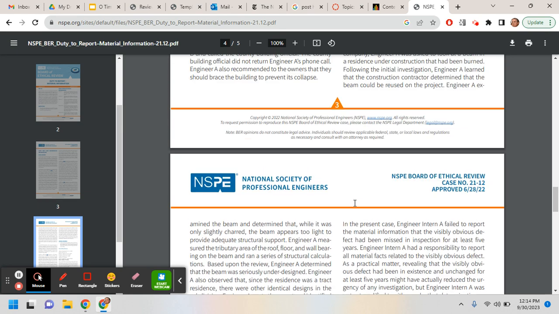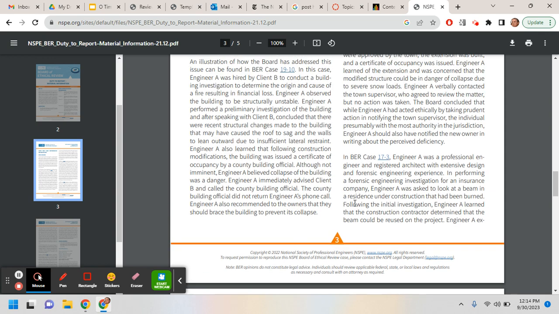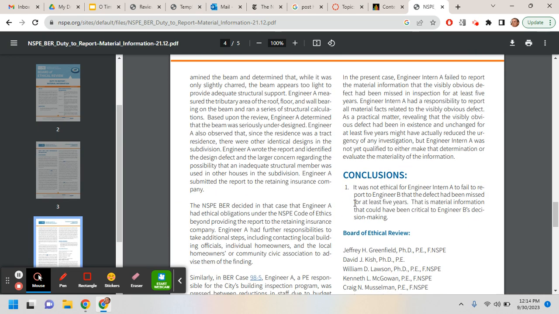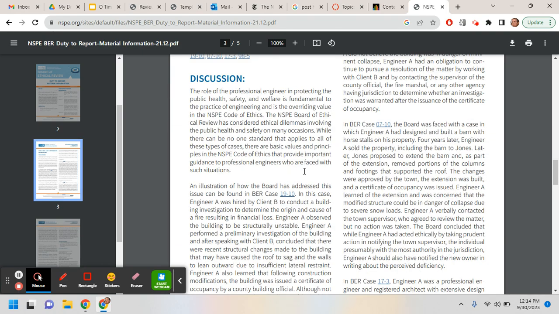And you should have some sense of what that conclusion is based upon. If they have a conclusion about whether or not what the engineer, or in this case, engineer intern, did was ethical, it will be based upon their reasoning in the discussion section.